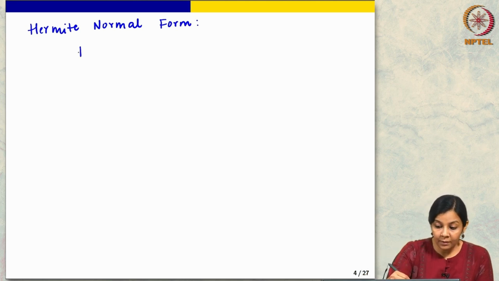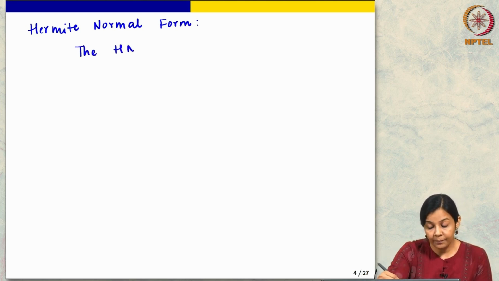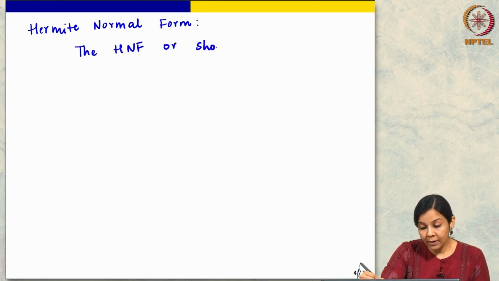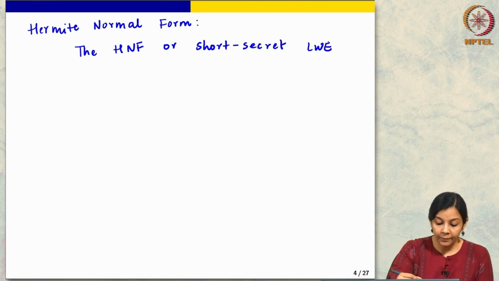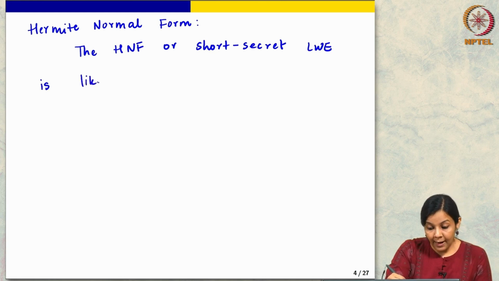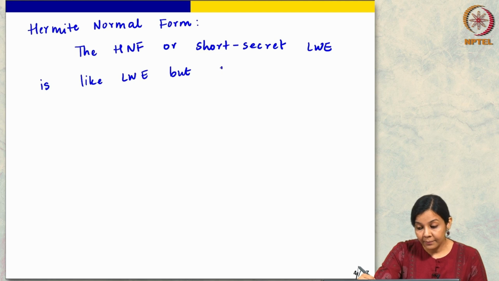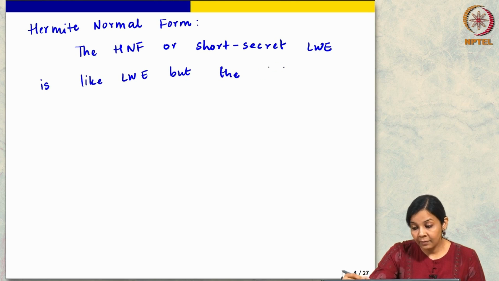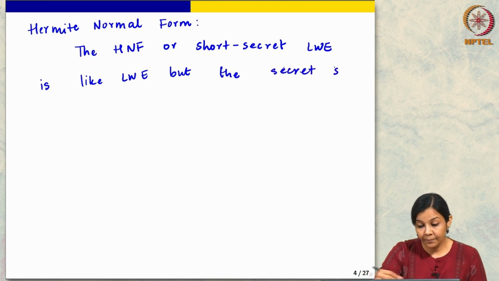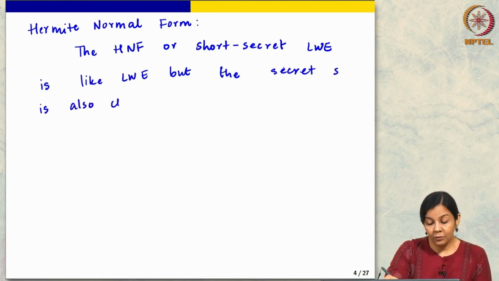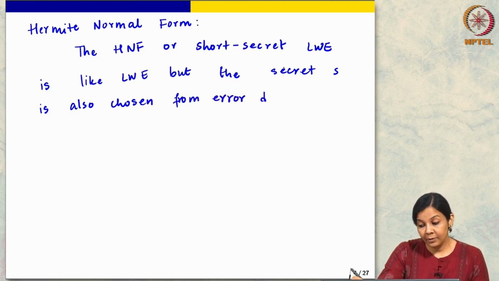Okay, so the Hermite normal form, or we can also call it short secret LWE, is like LWE, but with the difference that the secret S is also chosen from chi, from the error distribution chi.